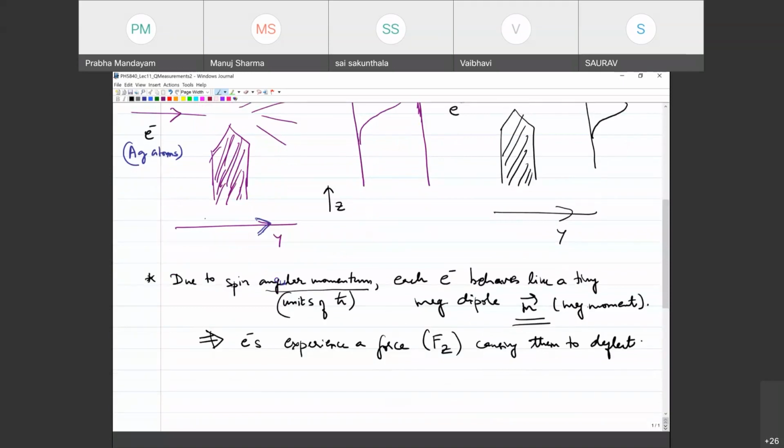Now, if this M is uniformly oriented with respect to the Z direction, then we expect a uniform spread of the beam.